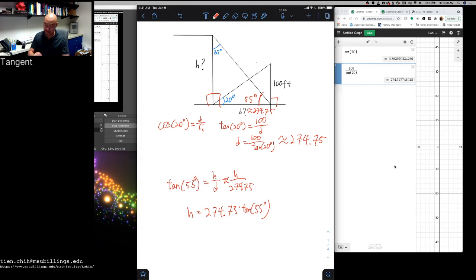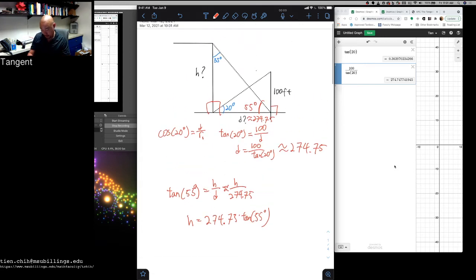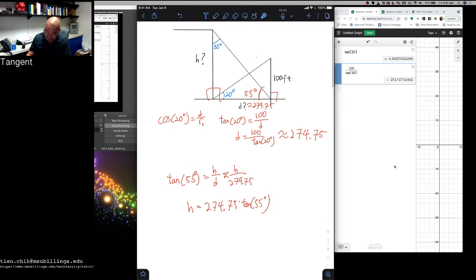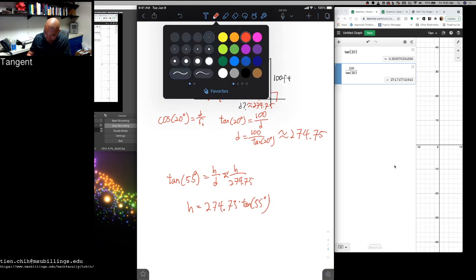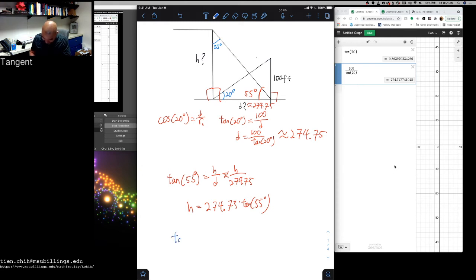But there's another way to go about finding it. Notice that if you turn your head sideways and look at this angle here, and this is the base, then this would be the height. So the other thing we could say is, if I take tangent of 35 degrees, that's the opposite side over the base height, which is about 274.75 over the base height.